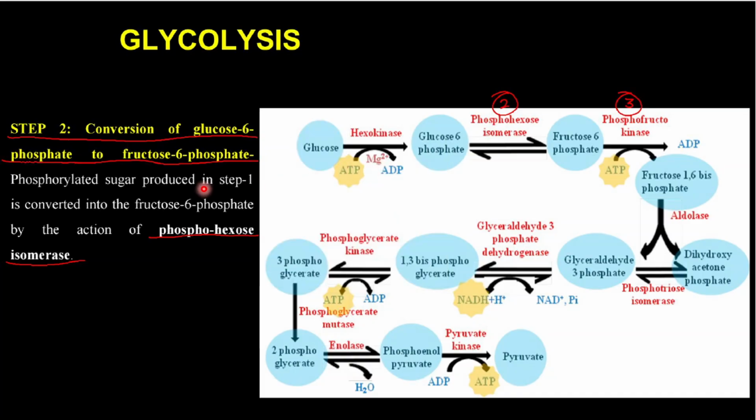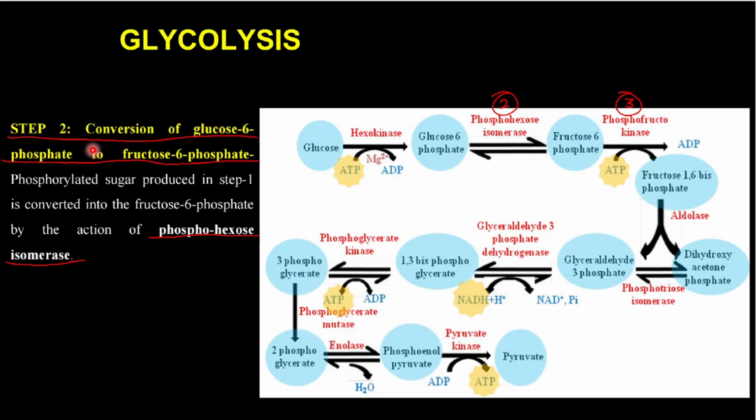So, second step. What happens in the second step is the conversion of glucose 6 phosphate to fructose 6 phosphate. This is a reversible step, so this reaction is maintained in equilibrium, as you can see from the diagram also.